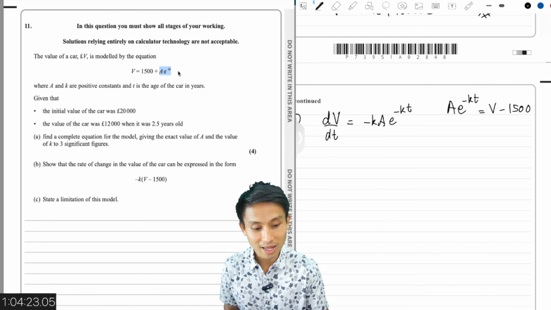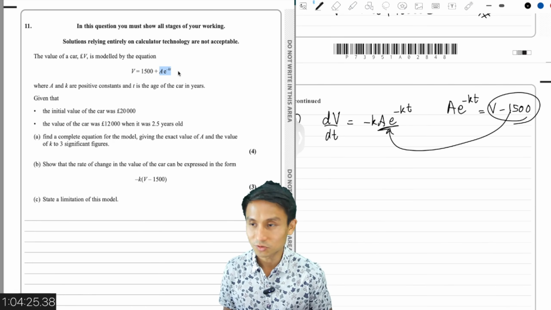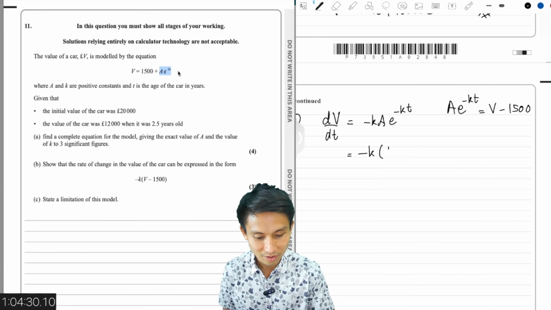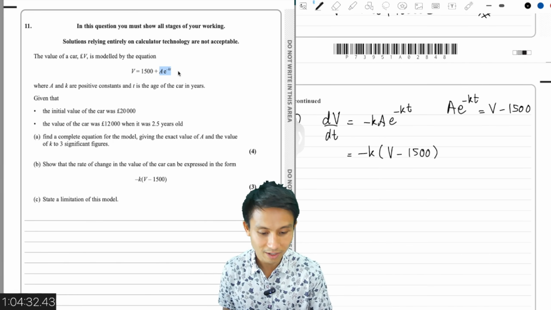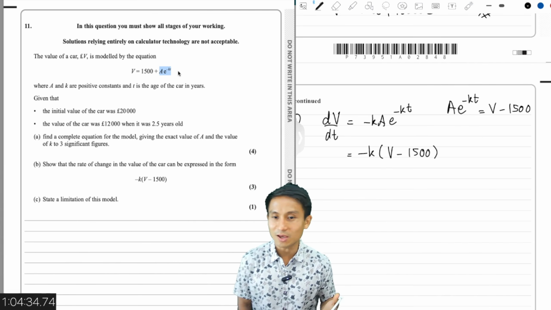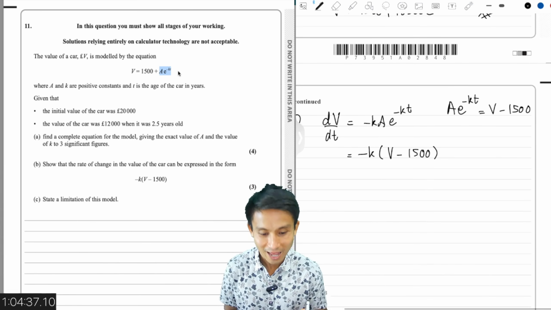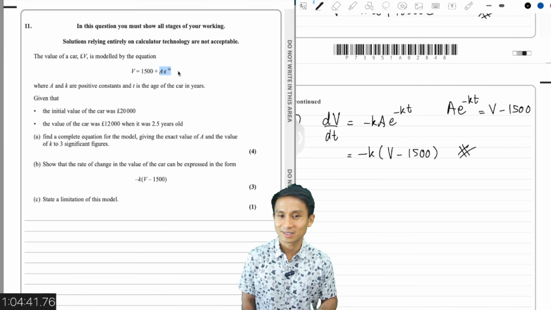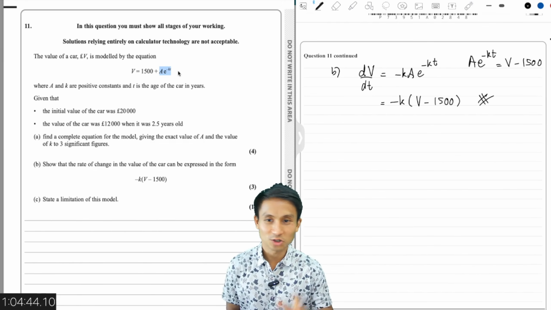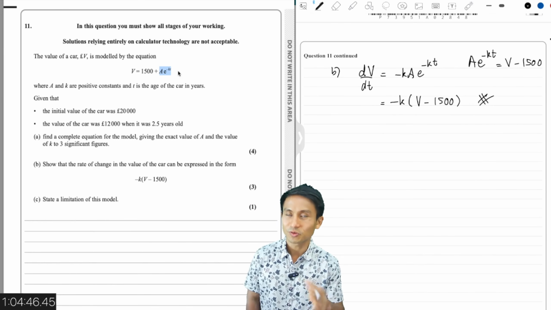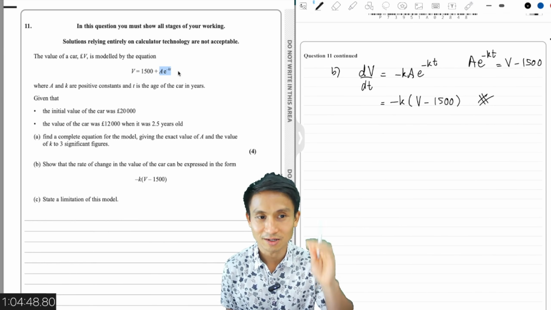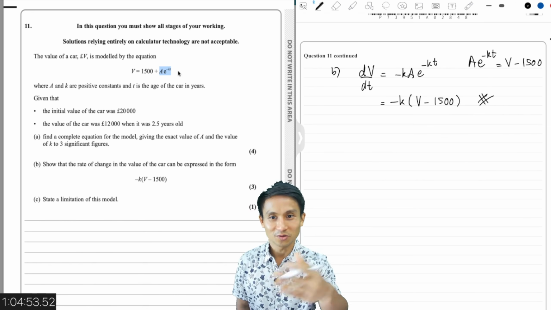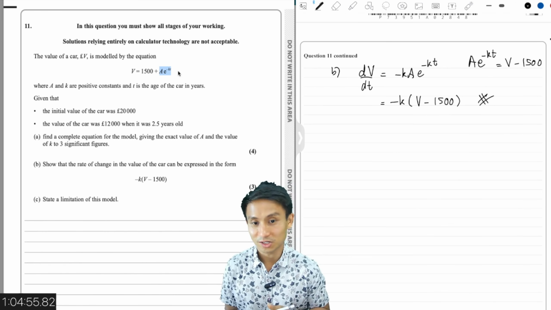And we can sub that into this instead, right? So we're going to have minus k times V minus 1500. I haven't written any A or k values because we don't need to, and that is exactly what they want. Just two lines. So the tip here, when you deal with exponentials, don't substitute in the constant values yet. Just keep working on the form where there are still unknowns. That should be fine.